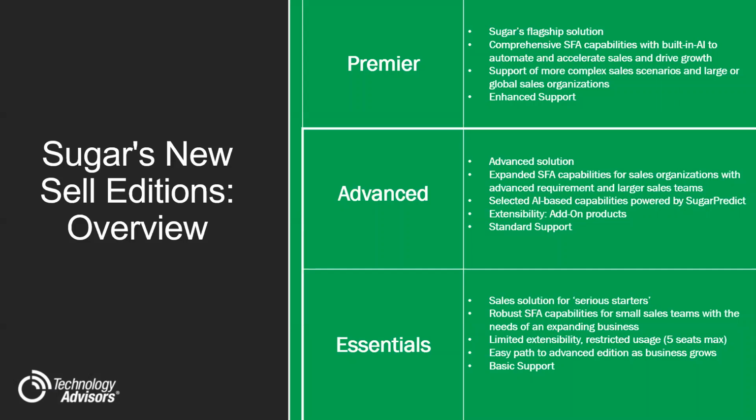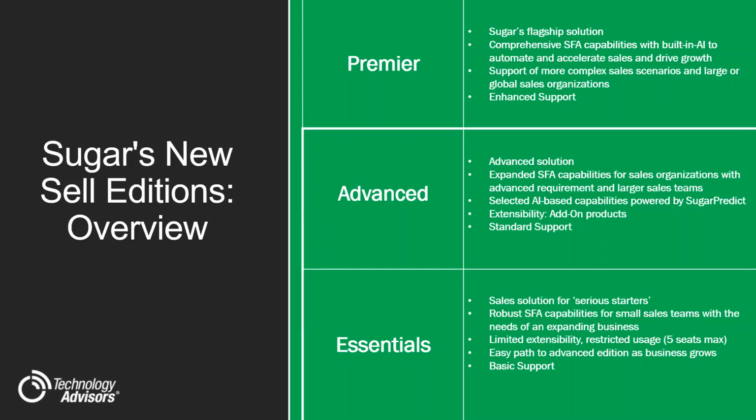This is really geared towards small businesses, and it's capped at 5 users. So it's a very basic sales use case for our smaller businesses. Sell Advanced is going to be very similar to just Sell today, unless you're using some of the functionality in Enterprise that's being brought over.